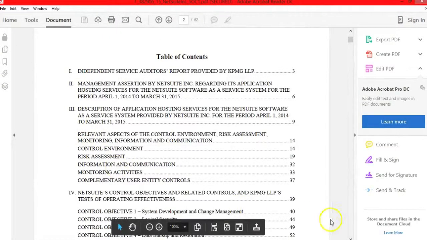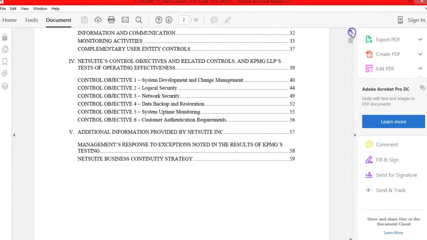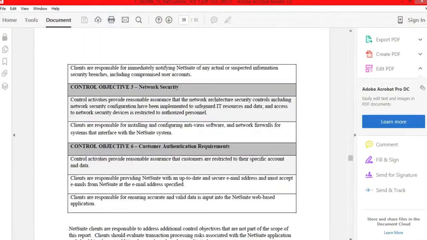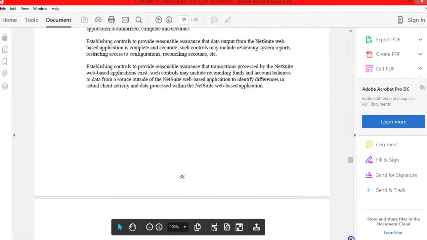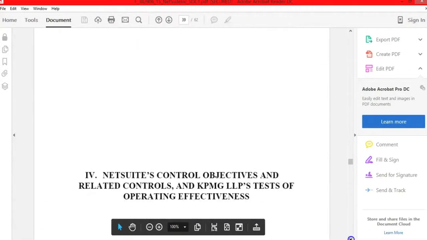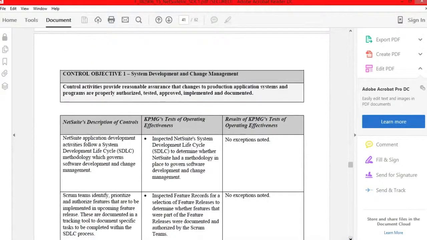Starting on page 39 is where NetSuite has its controls, and you have to scan through to read it. So we'll go to page 39, and now you will see these are the control objectives.